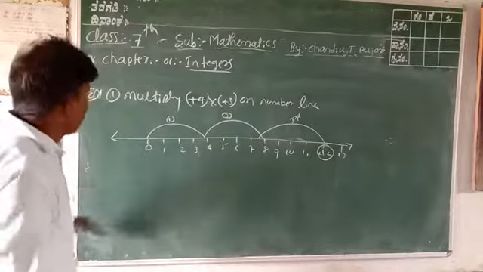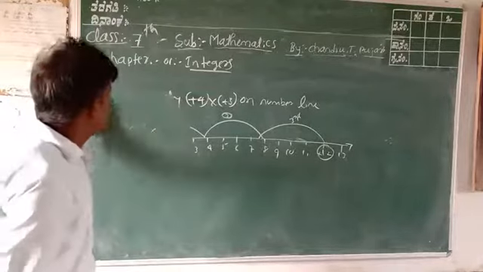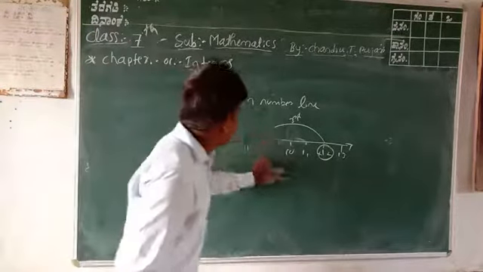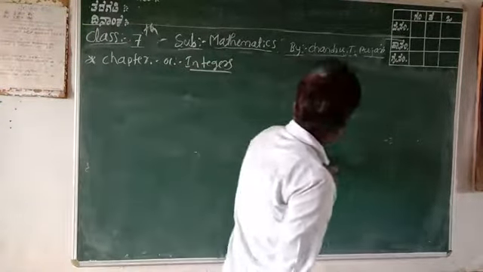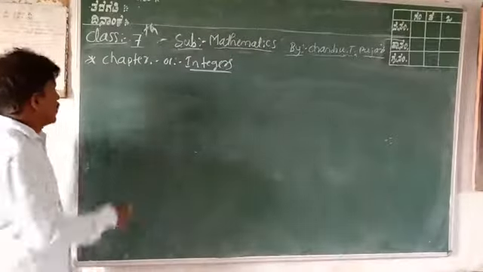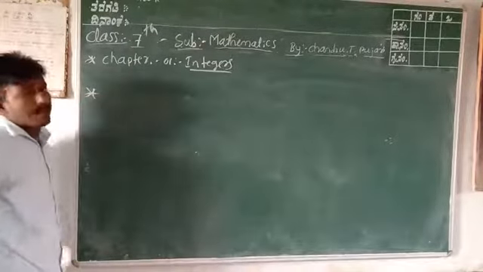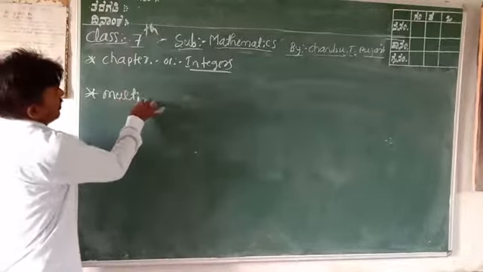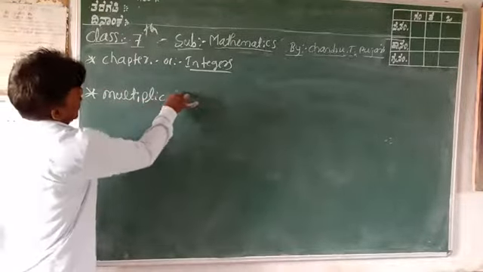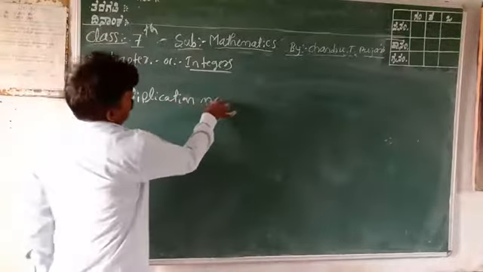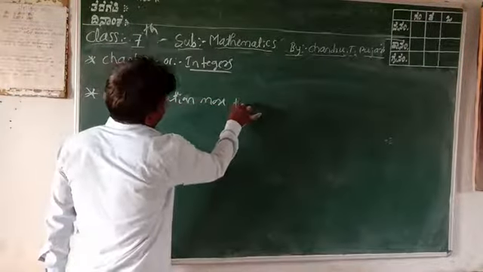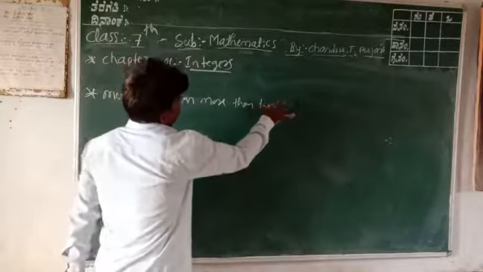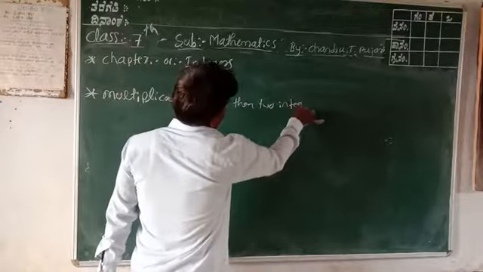The next one is multiplication of integers, more than 2 integers. Before, you did only multiplication of 2 integers.